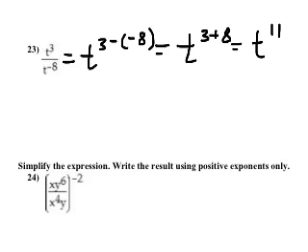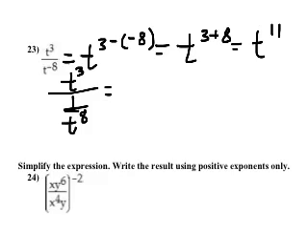But if you don't remember that rule, another rule that you should remember is t to the negative 8 means 1 over t to the 8th. Right? So that means t to the third divided by 1 over t to the 8th.